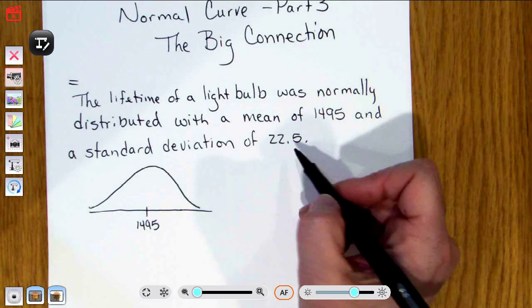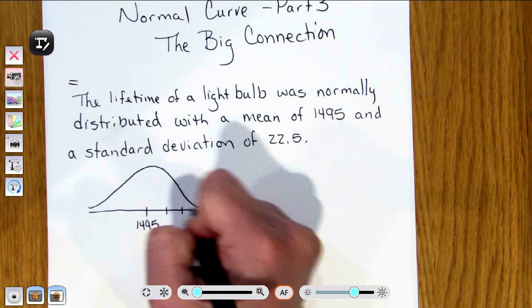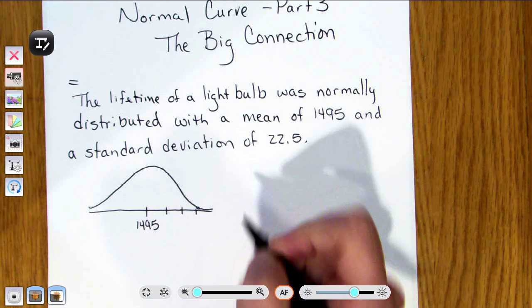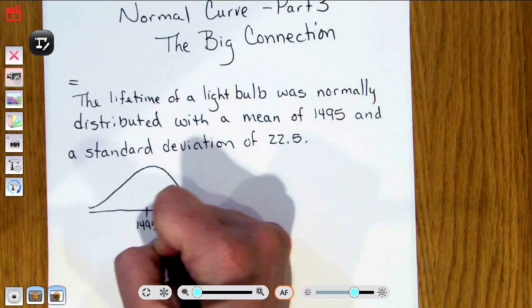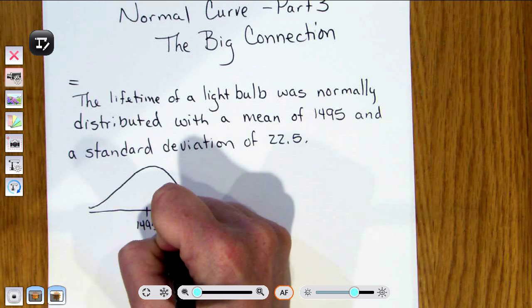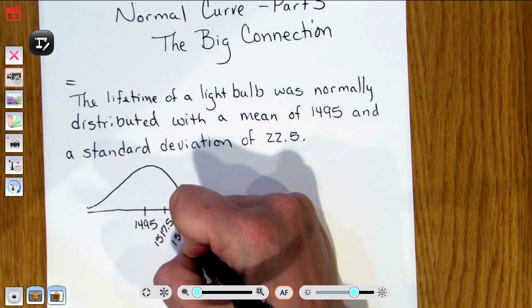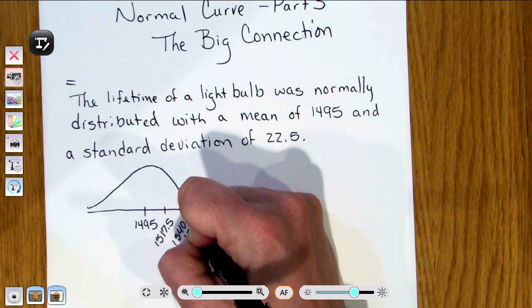If I start adding on the 22.5, I get those magic numbers: 1517.5, 1540, and 1562.5.